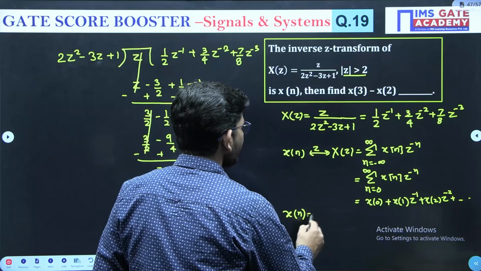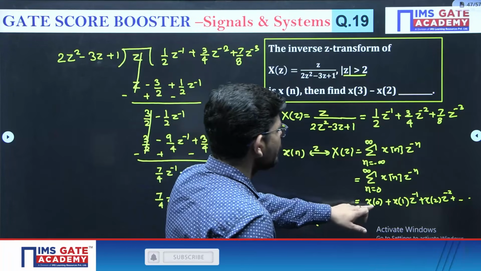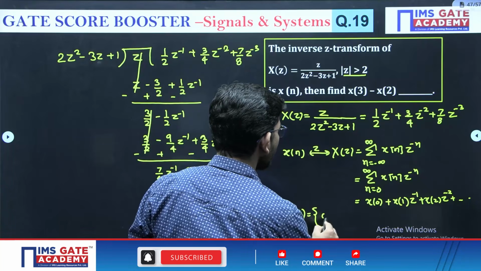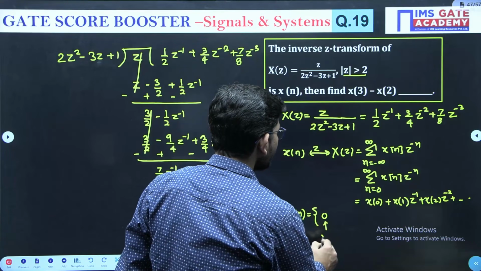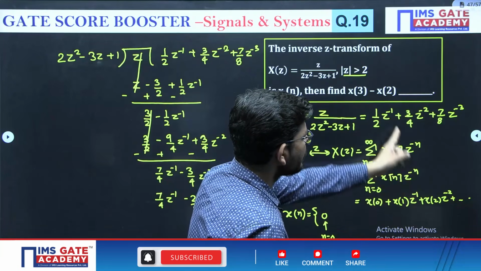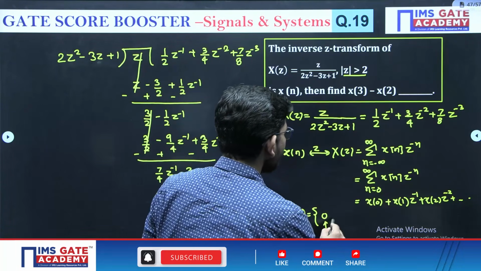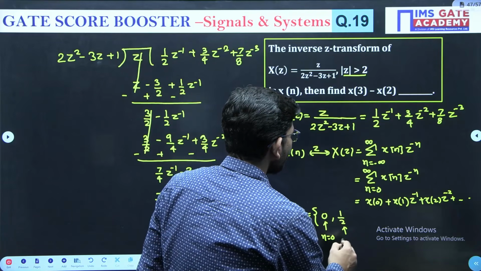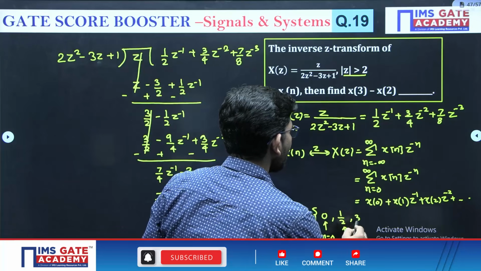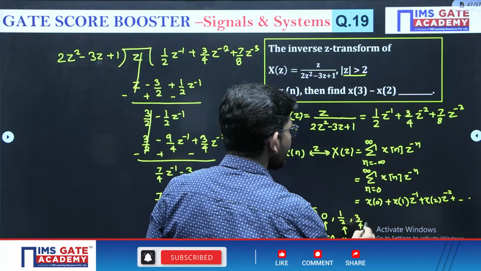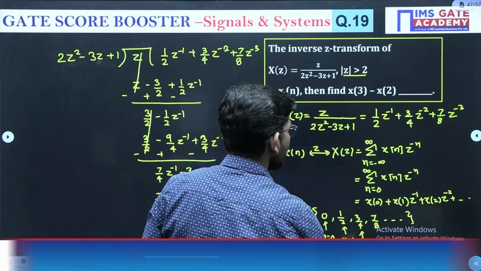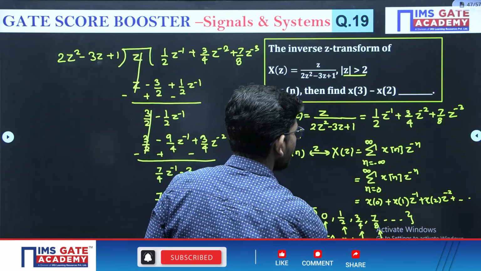So based upon that, can you tell me what is going to be x of n? What is x of 0? X of 0 means where there is no z power, it is not present here, so it will be 0, and that is going to be my n equals 0 component. Then z to the power minus 1 is present here, so that coefficient will be 1 by 2. So this is my n equals 1 component. Then z to the power minus 2 has a coefficient 3 by 4, and 7 by 8 is the coefficient for n equals 3, right?